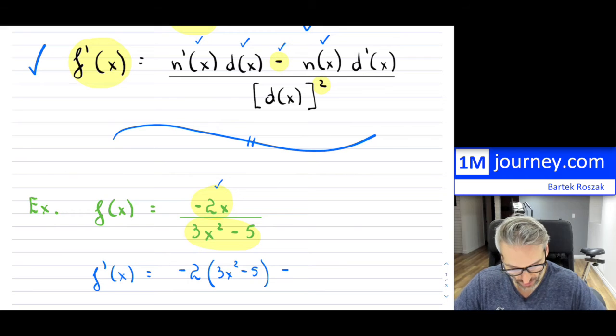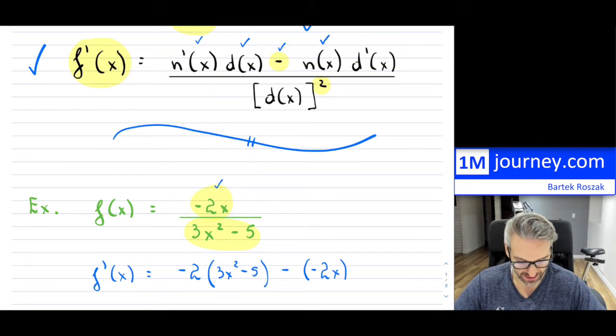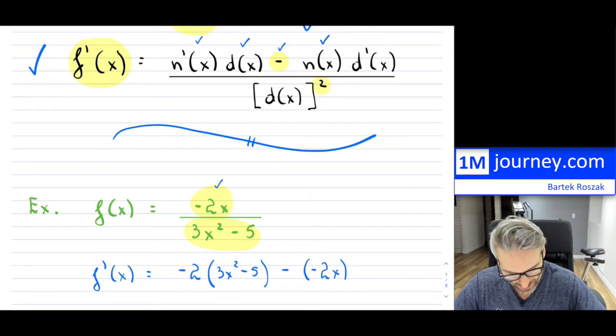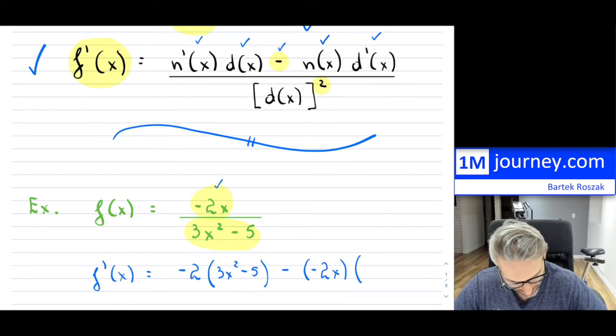Now I write out my numerator, which is -2x. I'm going to put that inside of the bracket. And then I'm supposed to take the derivative of the denominator, and the derivative of that would have been 6x. So that's what we would have right there.